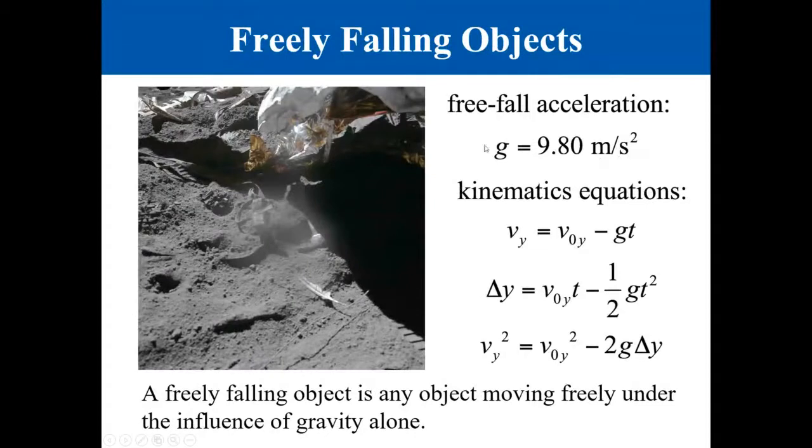So if you go here, what does it say? What is the free fall acceleration? It is 9.8 meters per second squared. This is a constant value. It doesn't change. It is always 9.8. It is always downward. So both magnitude and direction are constant, right?